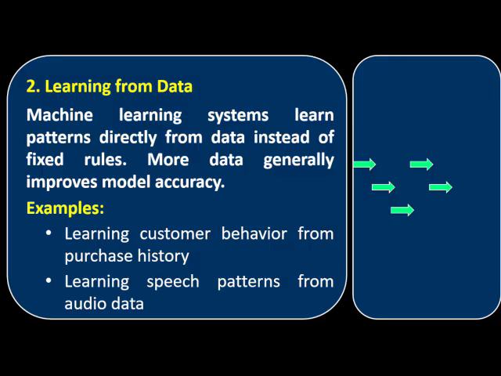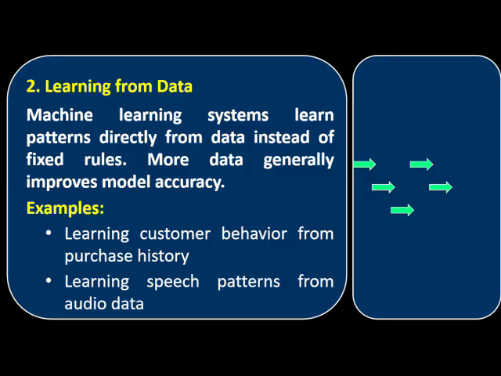Data can be structured or unstructured: numbers, text, images, audio, or videos. The machine learning model observes this data, identifies patterns, and builds internal logic. For example, customer purchase history contains information about preferences, budget, frequency, and trends.